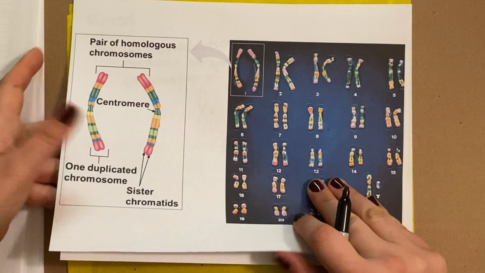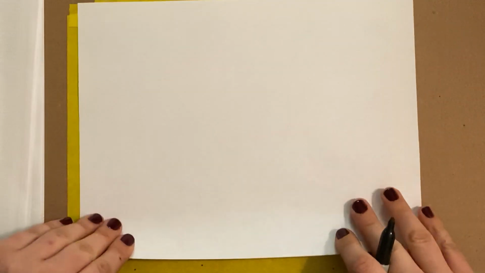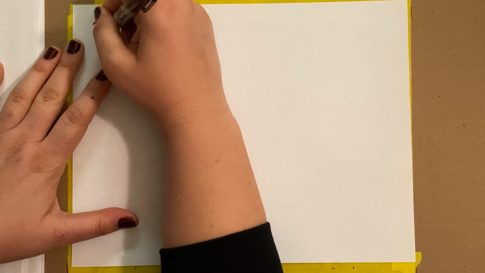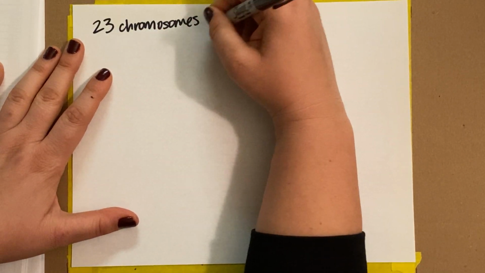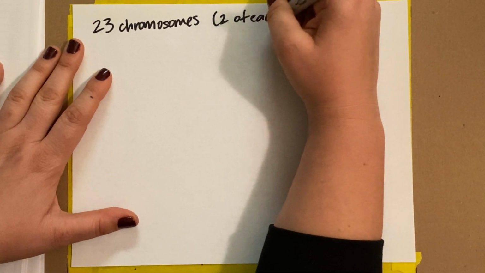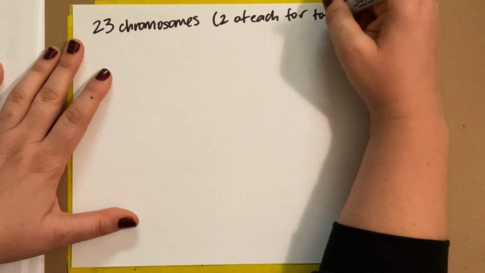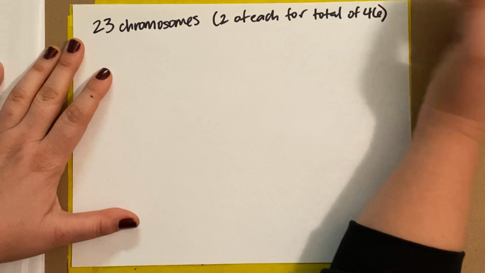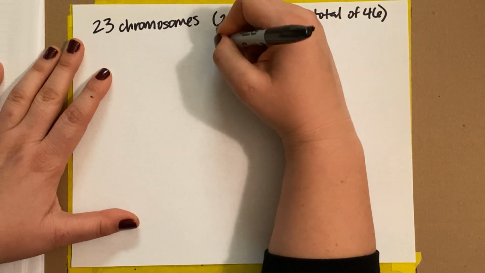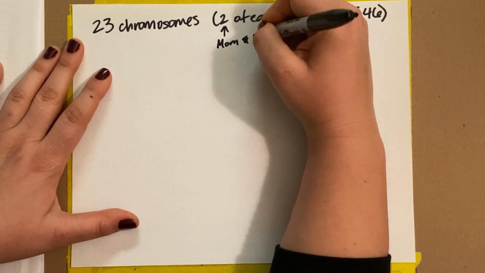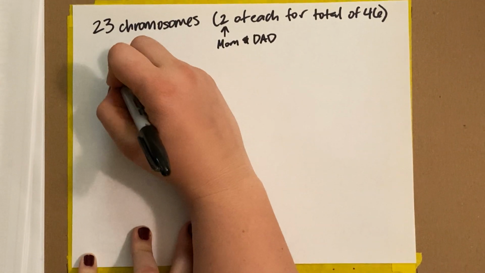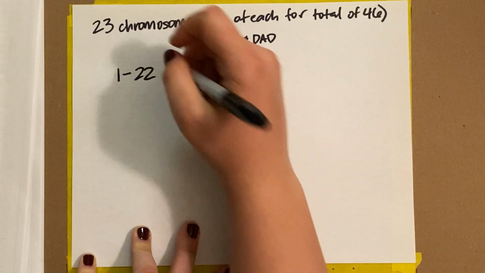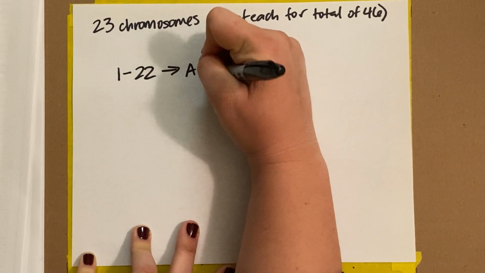Okay, so a little bit more about the actual chromosomes. For humans, again, we have 23 chromosomes, and we're going to have 2 of each for a total of 46. Again, the 2 of each is one from mom and dad. All right, so 1 through 22 of the chromosomes are what we consider autosomes.